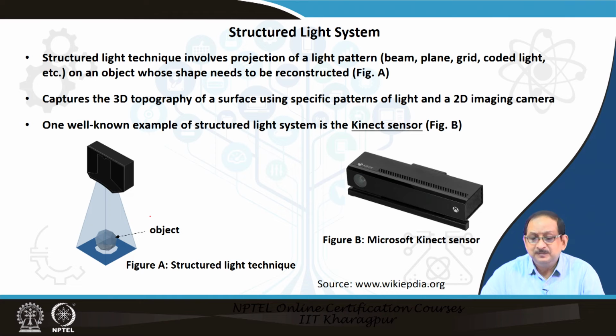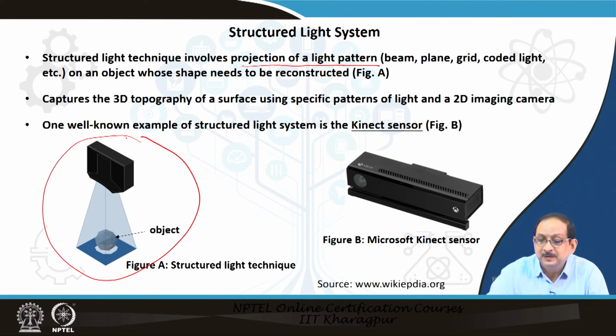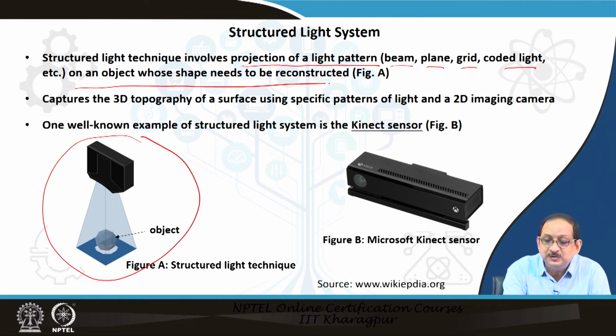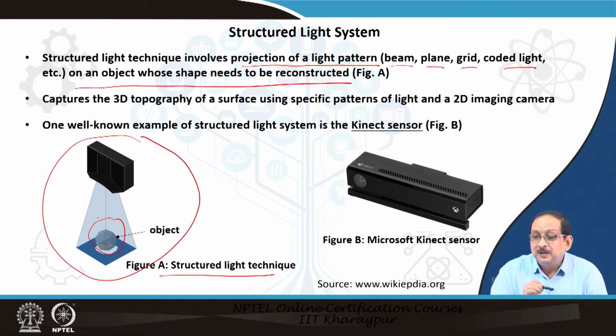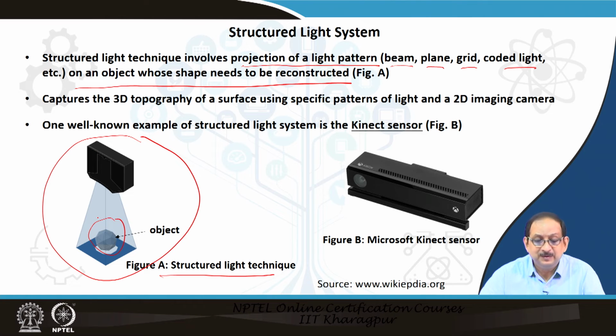Structured light system involves projection of a light pattern, as you can see in the figure here. A projection of a light pattern in form of a beam, plane, grid, coded light, etc. on an object whose shape needs to be reconstructed, as shown in figure A. So the object is here and we need to reconstruct the shape of the object as far as possible.